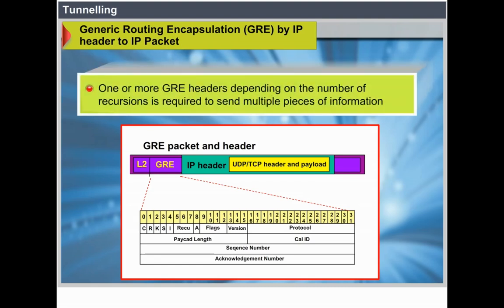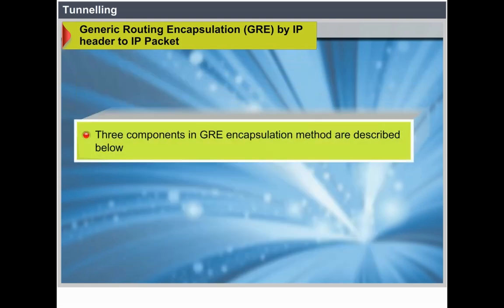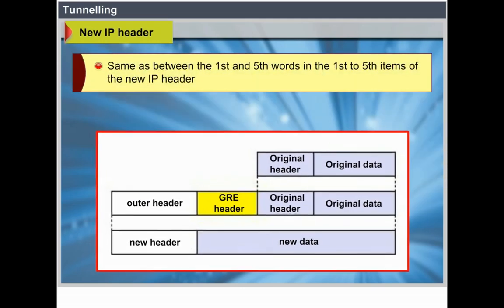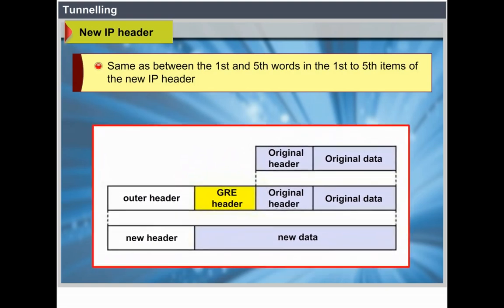There are one or more GRE headers depending on the number of recursions required to send multiple pieces of information. Three components in the GRE encapsulation method are described below. First, the new IP header. It is the same as the first to fifth words in the first to fifth items of the new IP header.